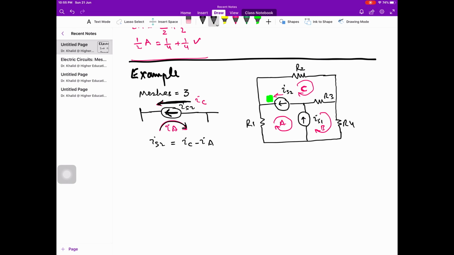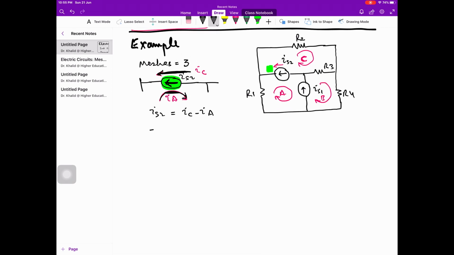IC is flowing from right to left, and IA is flowing from left to right. So the net current flowing in the direction of the current source is IC minus IA, the difference of these two. I can rewrite this equation as minus IA plus IC is equal to IS2. We can call it equation number 1.